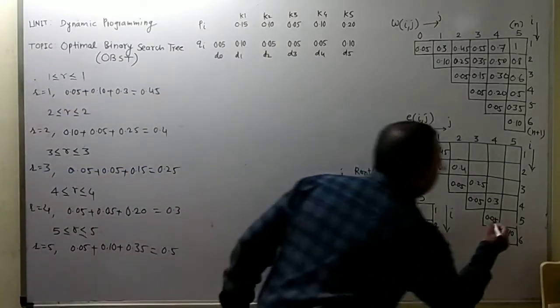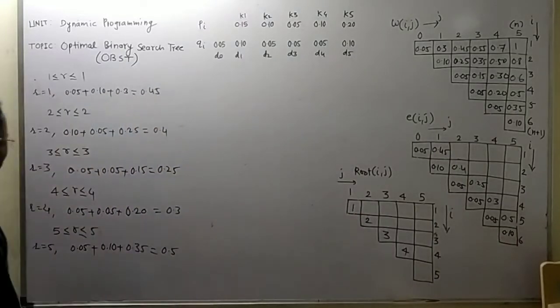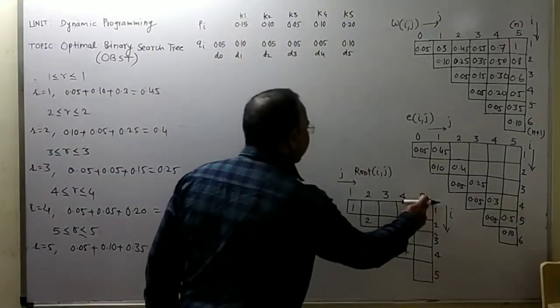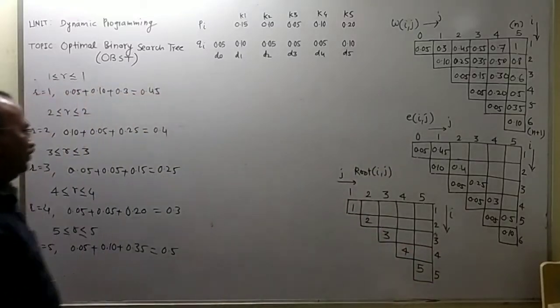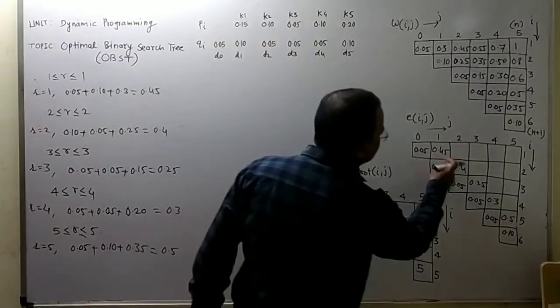So write 0.5 here and we have got 0.5 for R is equal to 5. So write R is equal to 5 at 5 location in root table, that is 5. So in this way we have developed this diagonal.